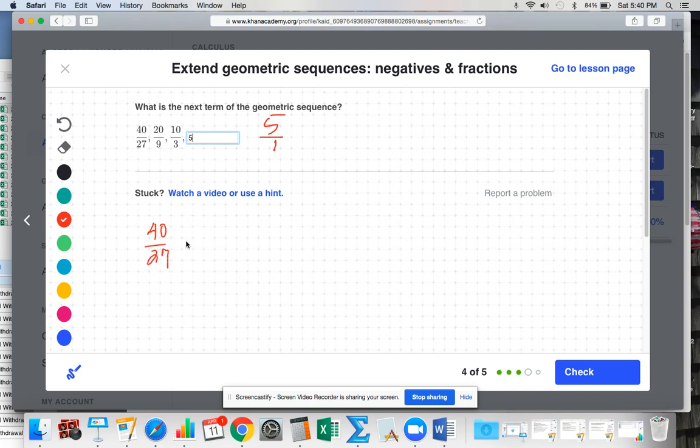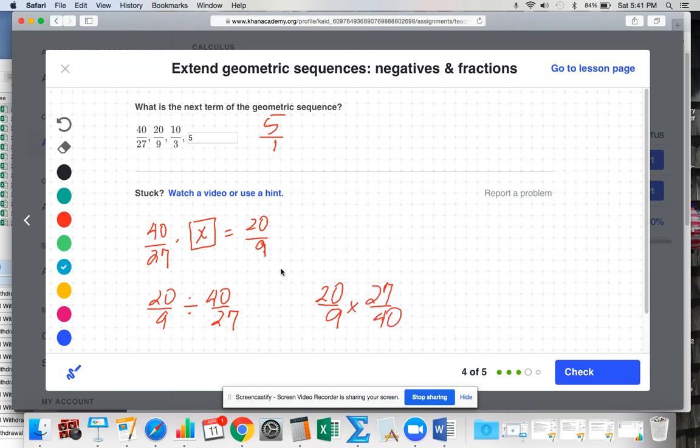You would say 40 over 27 times something, right? We don't know what yet, but just times something is equal to 20 over 9. And to get that something, to get x by itself, we're going to divide both sides by 40 over 27. And to divide by a fraction means multiply by the reciprocal, as you know. And so now we can cross cancel. This is a half, and this is 3 over 1.